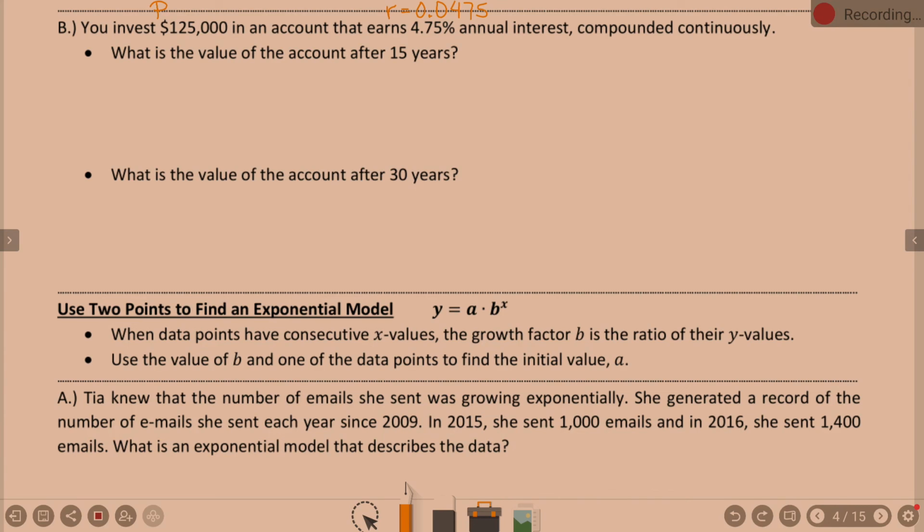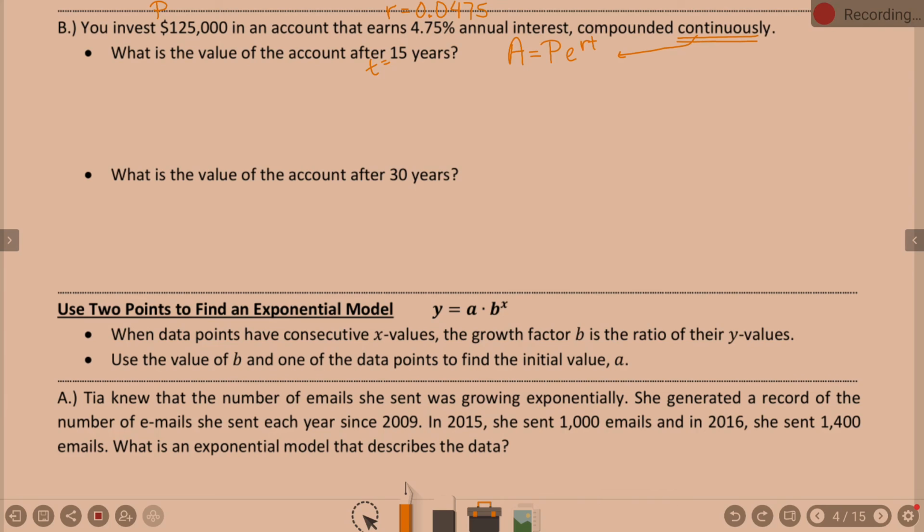The question asks what's the value after 15 years, and so 15 is my t. What formula am I using? A equals P e to the rt, because it said continuously.